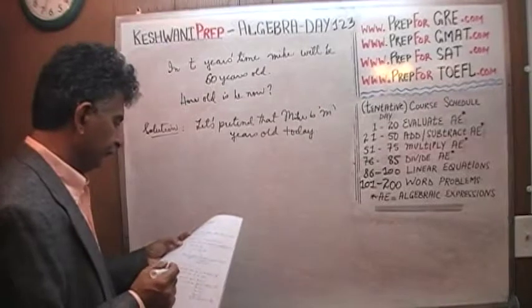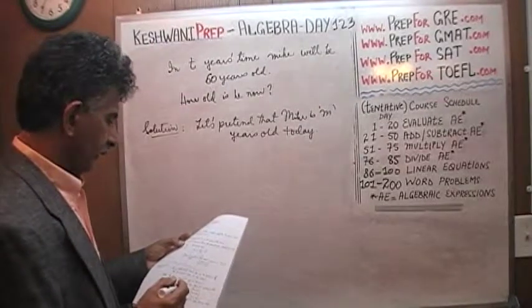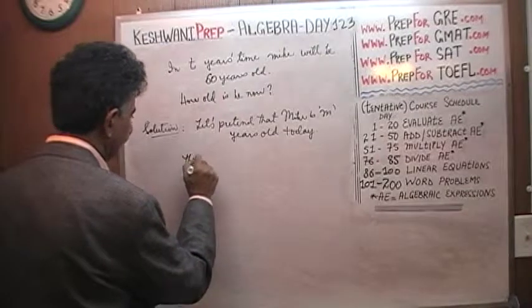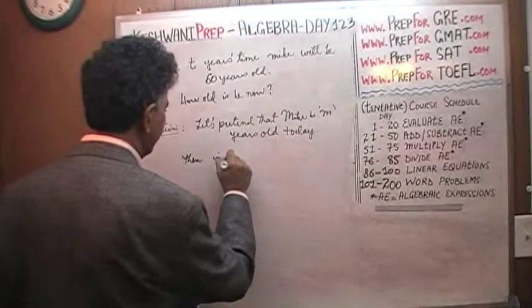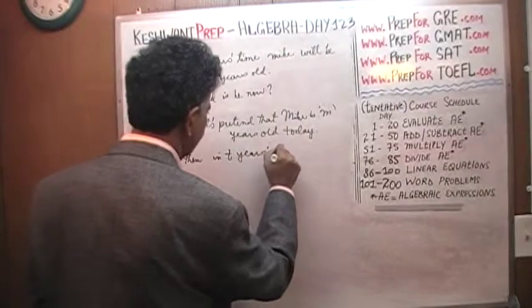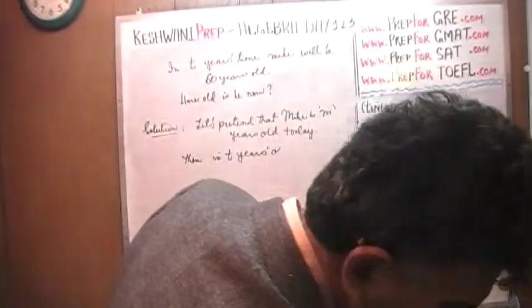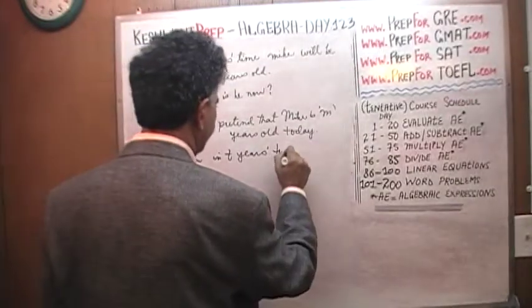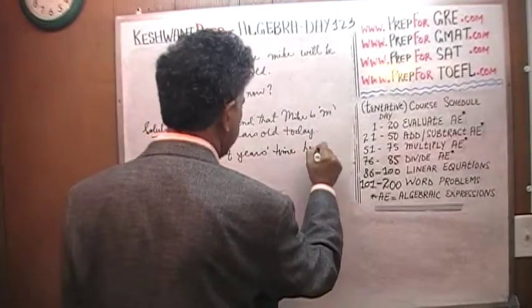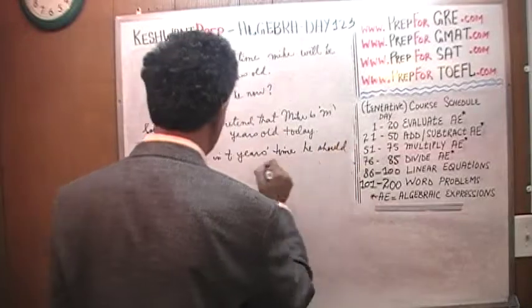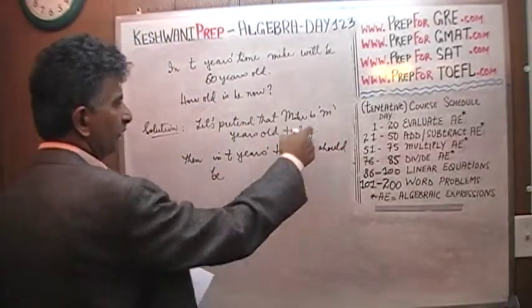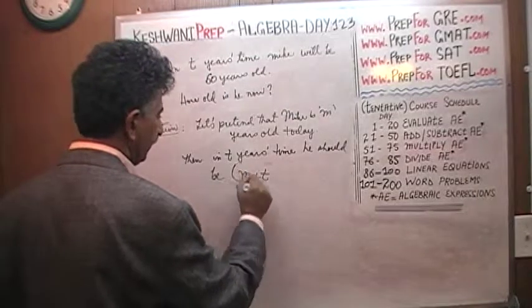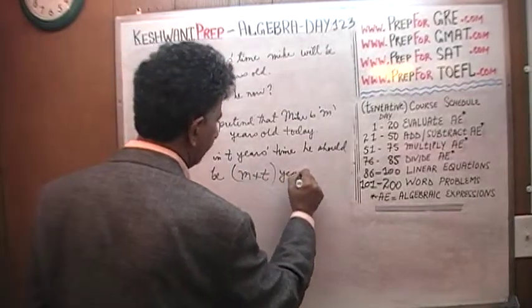If that were true, then in T years time it should be whatever his current age is, which is M years, plus T years.